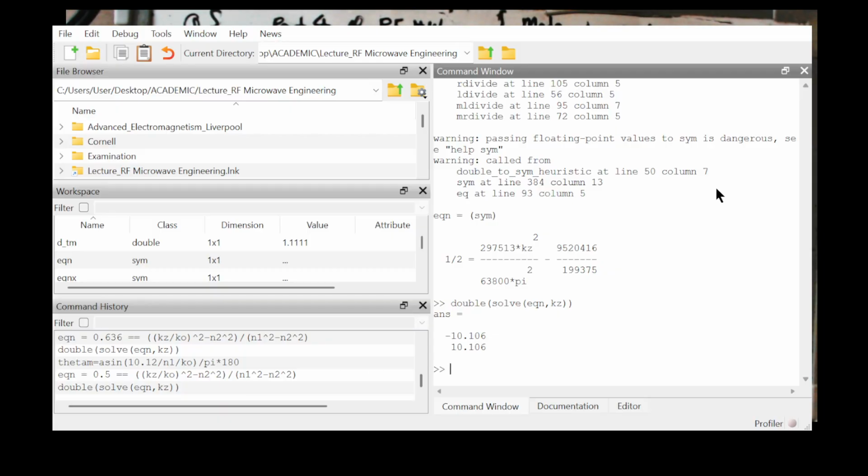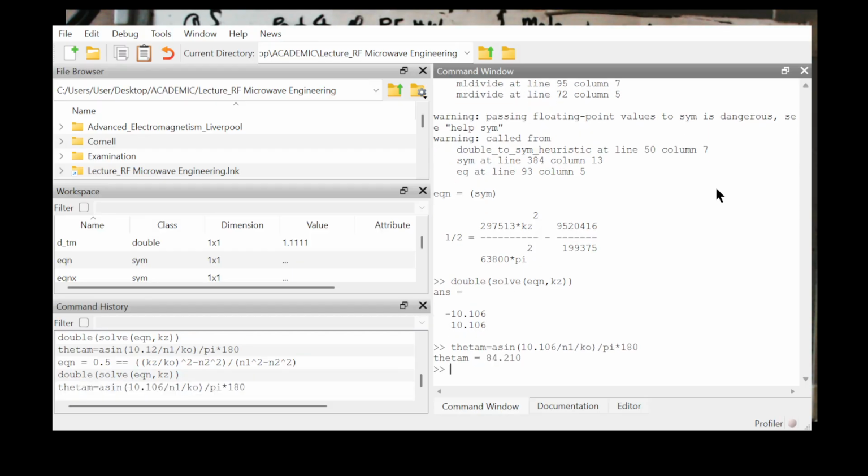The KZ is 10.106. And I use this value to work out the angle of incidence. And I got 84.21.